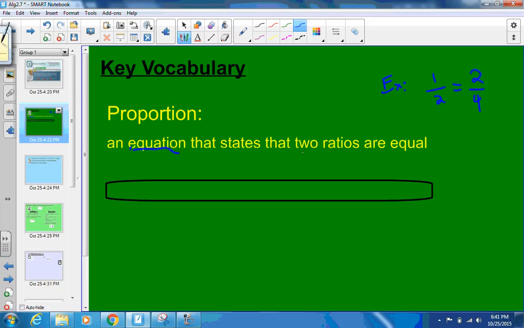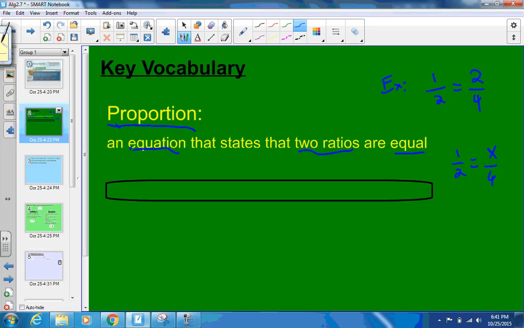Those are two ratios, and they're set equal. So that's a proportion. Typically, we'll see something along the lines of 1 over 2 is equal to x over 4, and you need to solve for x. That is also a proportion, and we're going to show you a couple different ways to solve for x in that situation.